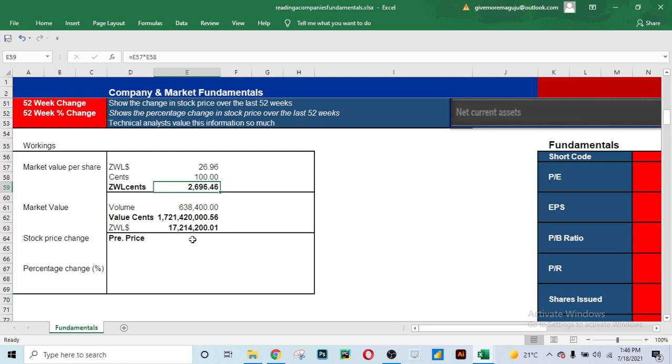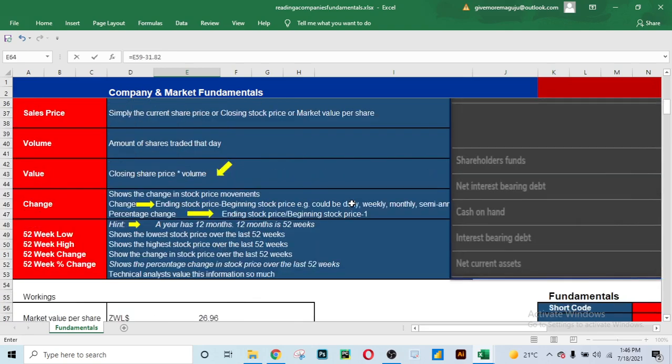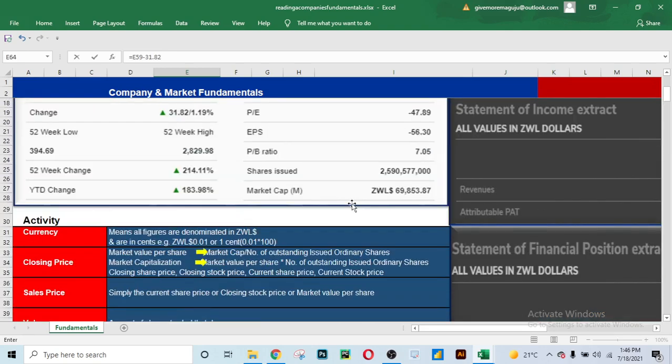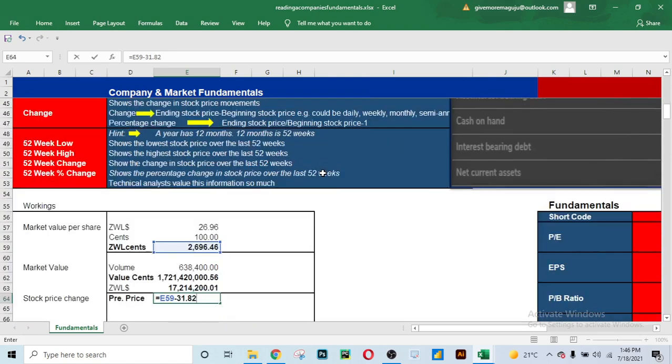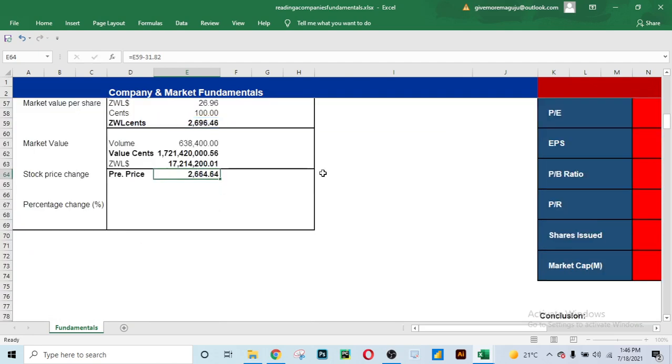The way to do that is we say equals, and then we select this, and then we minus the 31.82. Before we minus, let's just verify. 31.82, and then we press enter. See, so this was the previous share price.